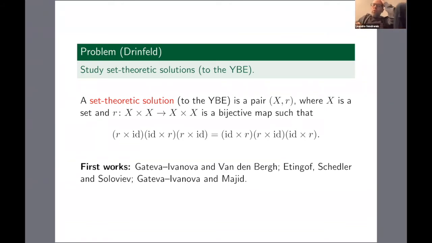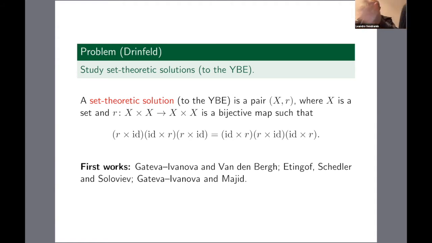So the first works are those of Gateva-Ivanova and Van den Bergh, Etingof, Schedler, and Soloviev, and also Gateva-Ivanova and Majid. The idea in all these papers was to use some sort of algebraic object to understand this problem.